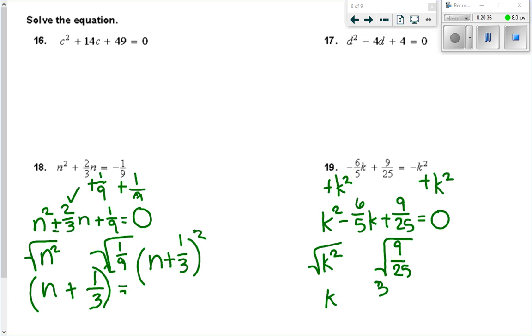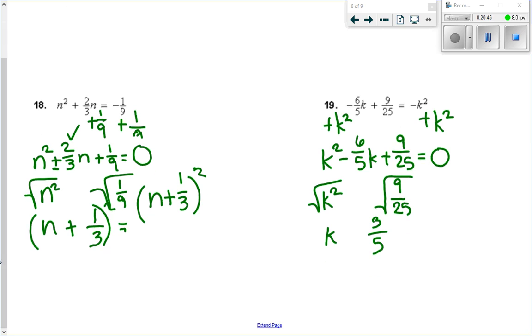And 3 fifths times k is 3 fifths k, times 2 is 6 fifths k, but right here we have a negative, which means our 3 fifths must also be negative.